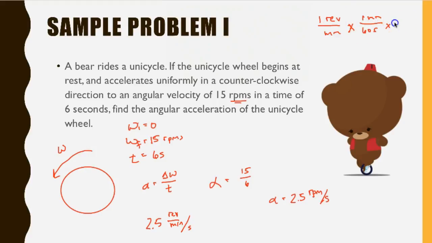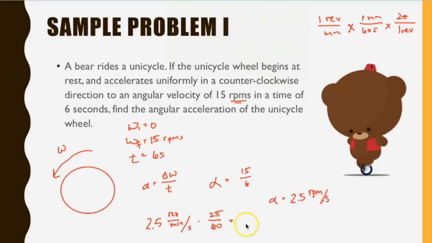And 1 revolution is 2 pi radians. So to get this into radians per second, I simply multiply that times 2 pi and divide by 60.